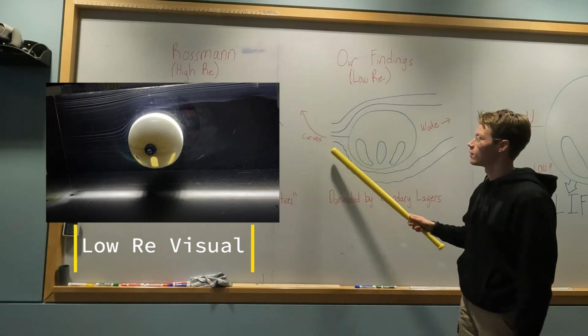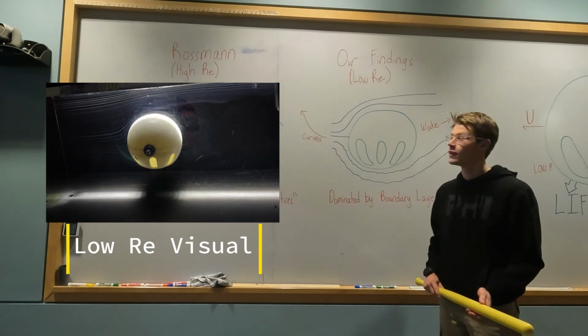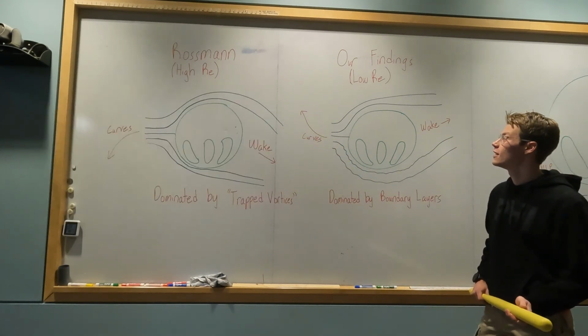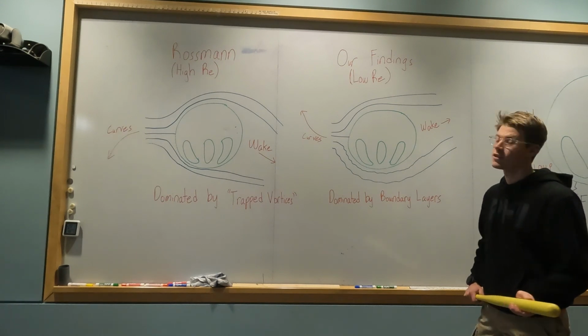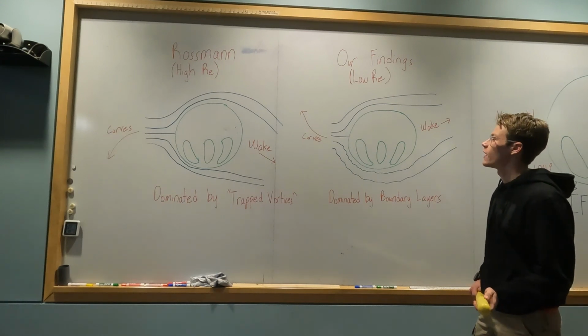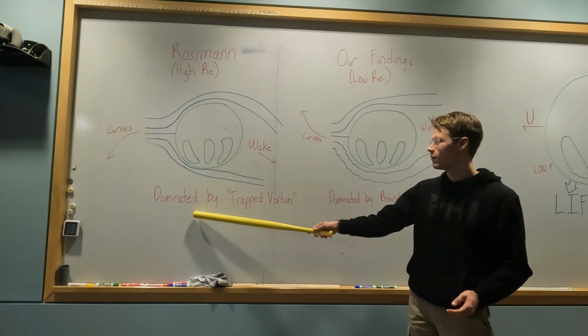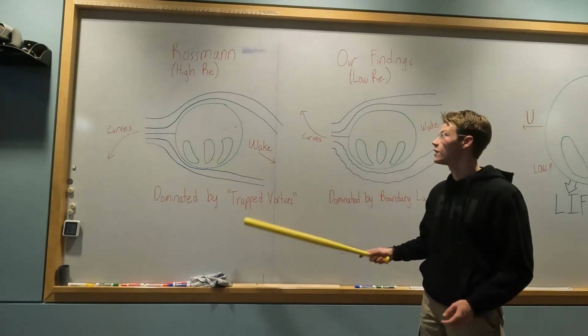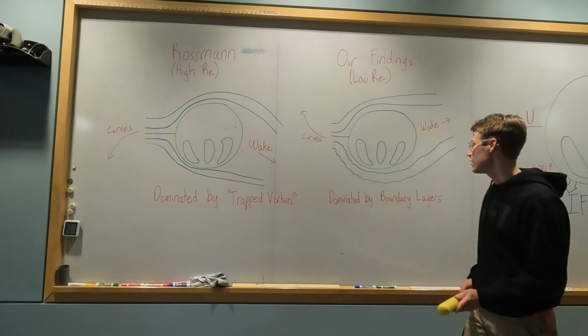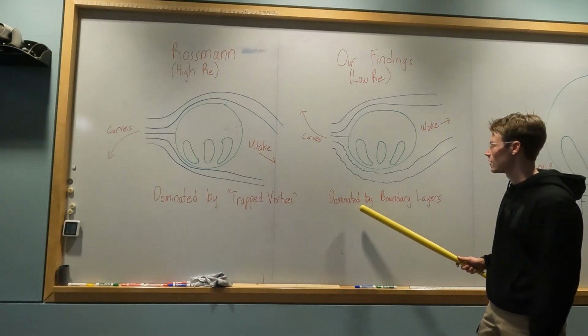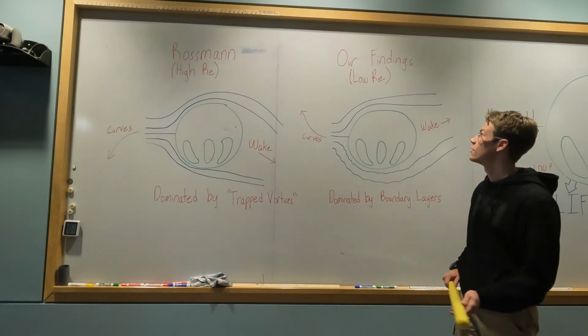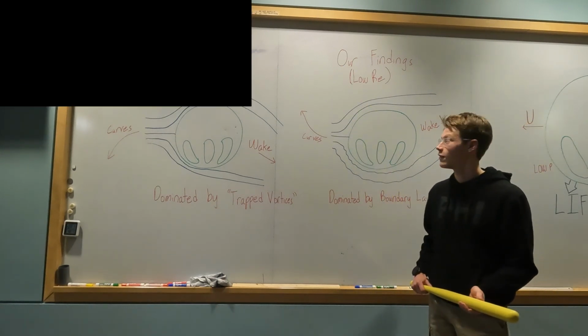And this would result in our wiffle ball curving upward. Now this is not consistent with what we see in the actual world, but in talking to Professor Rossman, we found that the wiffle ball is dominated by trapped vortices at the higher speeds, and it switches to being dominated by the boundary layer conditions at our lower Reynolds number.